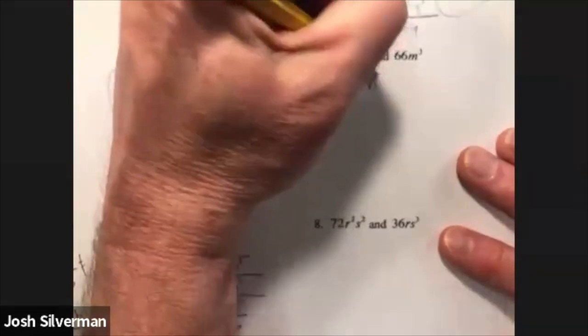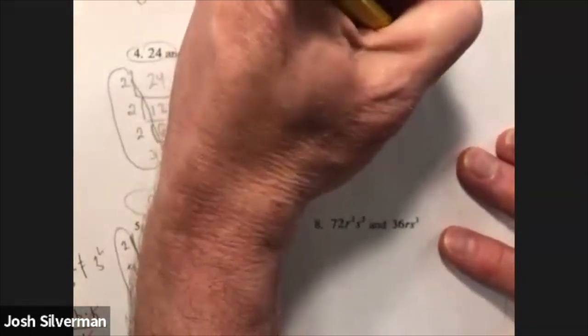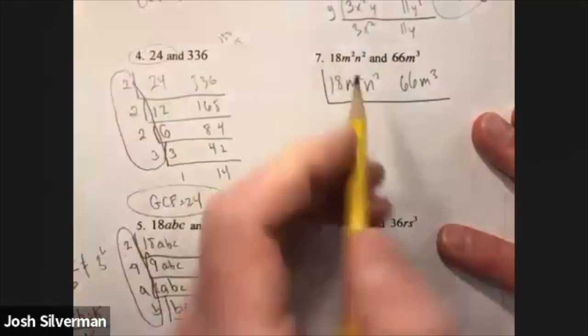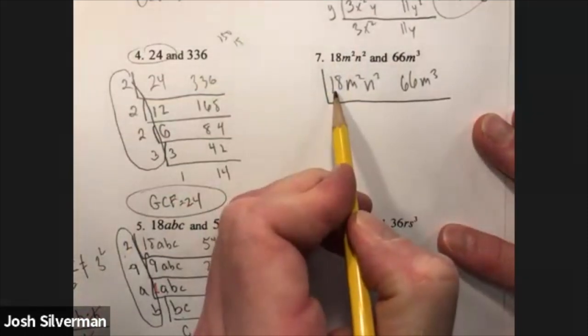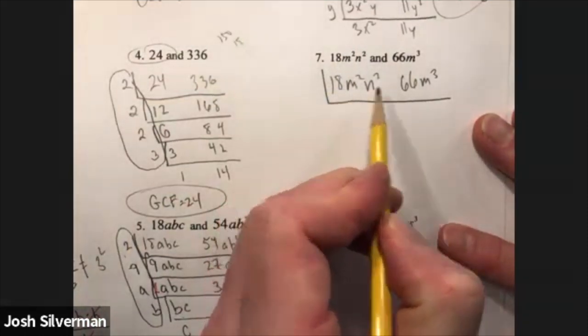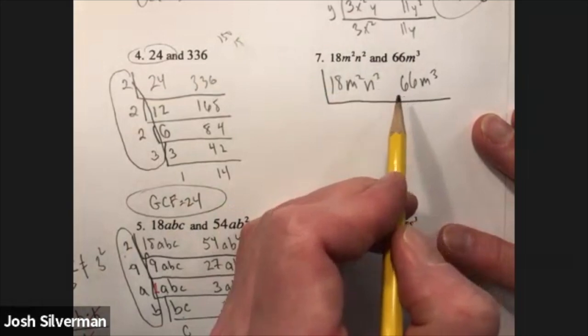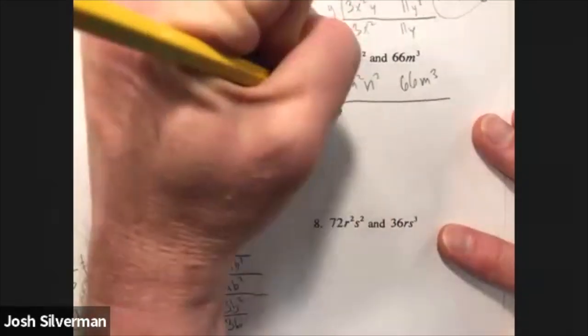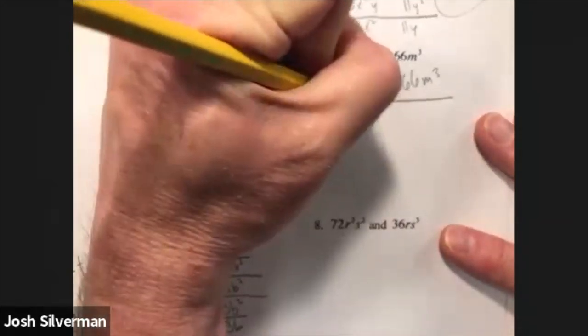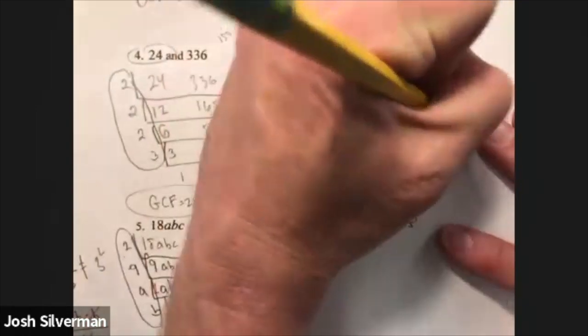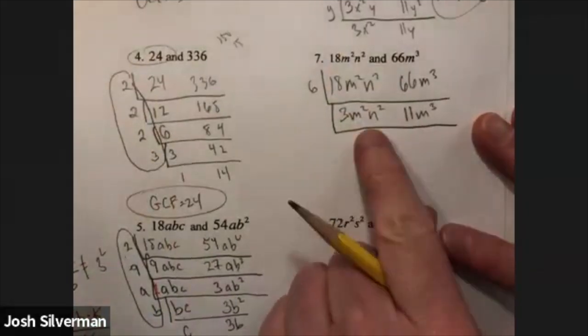18m squared n squared, 66m to the third. Now, I know that these could both be divided by 2. They could also both be divided by 3. How about we divide by 6? That's going to leave a 3m squared n squared, 11m cubed. What can both of these be divided by?